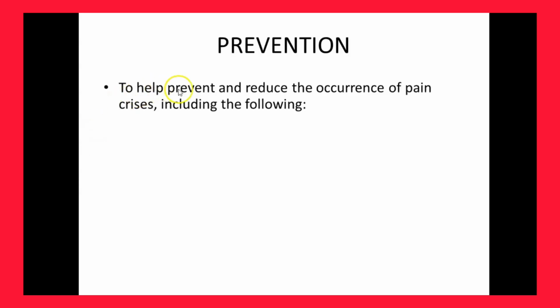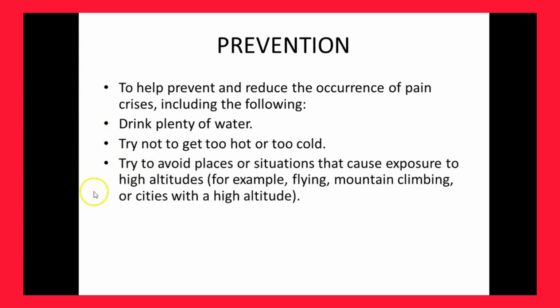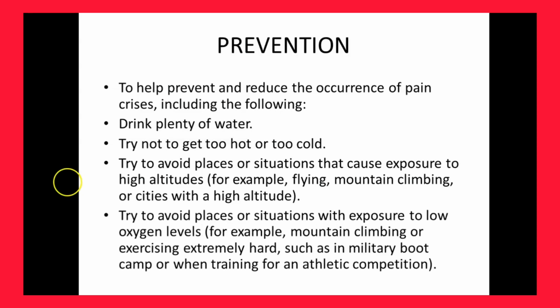Prevention is also going to be helpful to prevent and reduce the occurrence of pain crisis, including the following: drink plenty of water so that the cells will not stick. Try not to get too hot or too cold, that stresses the body. Try to avoid places or situations that cause exposure to high altitude, that affects the oxygen in the blood vessels.